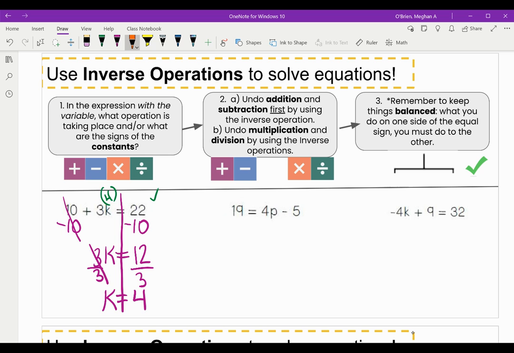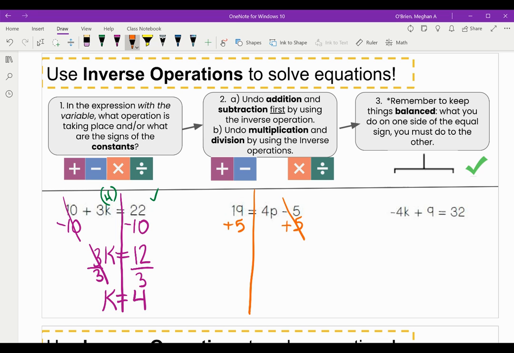Let's take a look at the next one. Okay, here's the variable. I'm keying in on this whole -5 idea. There's the constant, a -5. How do I undo or reverse that? I add 5. That equals 0. If I add 5 over here, I have to add 5 over here.